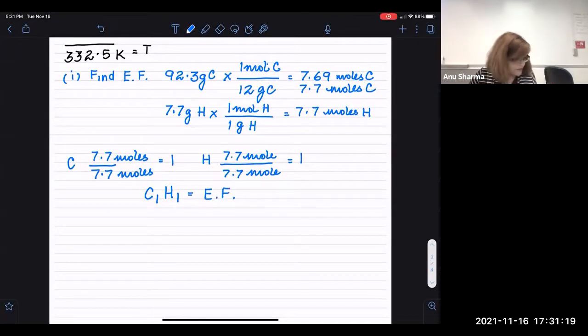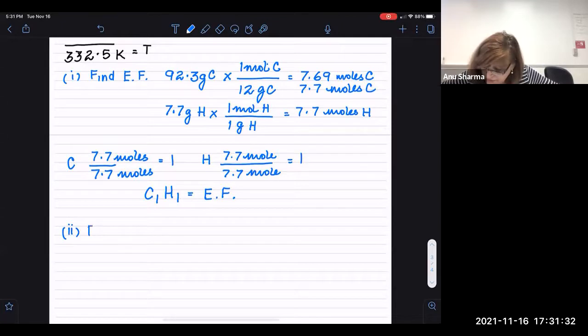So that's part 1. The next thing is you are going to now find the molecular formula. So how do we do this here?